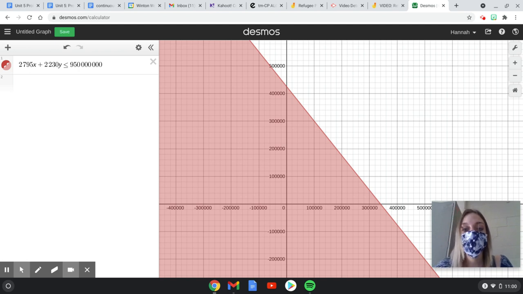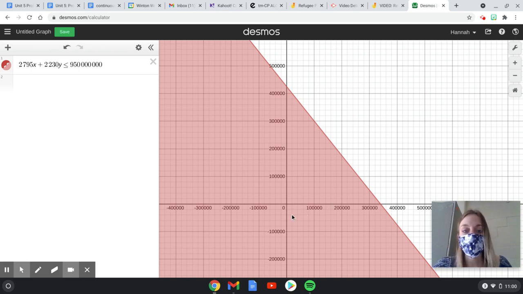Now, more specifically, because I'm dealing with people, my shaded area is going to be more restricted than usual. So I'm actually going to cut off everything to the left of this line. So everything that's to the left side here, I'm not going to worry about. And that's because I have negative numbers over here. I cannot have a negative number of people. So anything to the left of this line, I'm cutting off. Over here to the right, I have positive numbers, which is what I want.